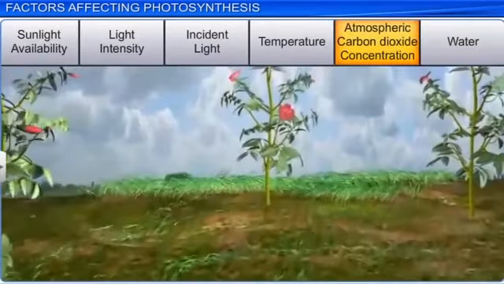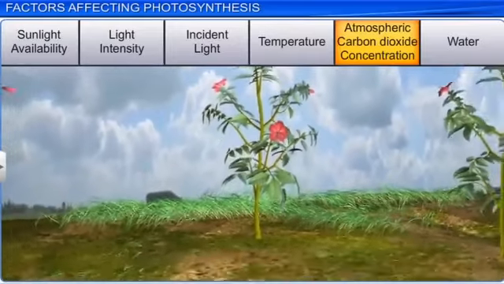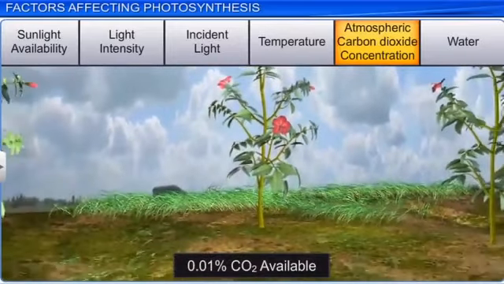A typical plant, for instance, is capable of utilizing 0.05% of atmospheric CO2 while photosynthesizing at an optimum light intensity. However, if only 0.01% of CO2 is available for the plant, then the rate of photosynthesis is limited by CO2 concentration.